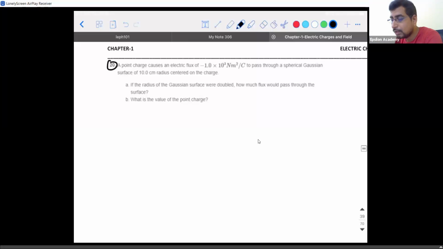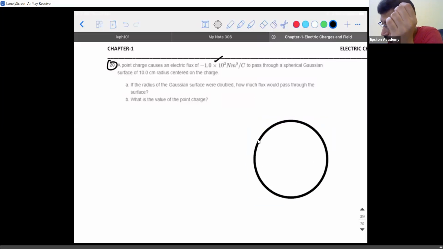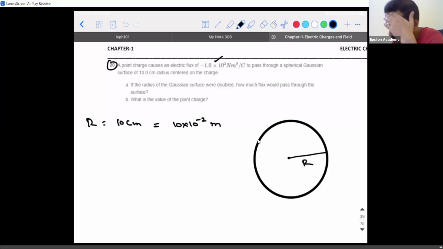20th, let's do. So there is a point charge that causes an electric flux of -1 into 10 power 3 Newton meter square per coulomb to pass through a spherical Gaussian surface of 10 centimeter radius centered on the charge. If I take the radius to be capital R is equal to 10 centimeter or 10 into 10 power minus 2 meter, the electric flux is -1 into 10 power 3 Newton meter square per coulomb.